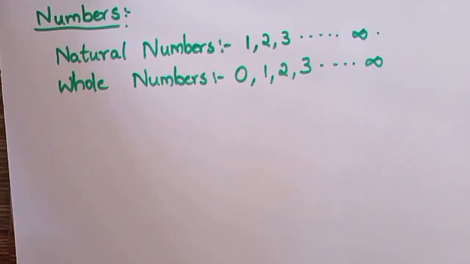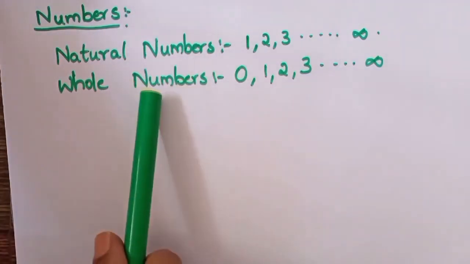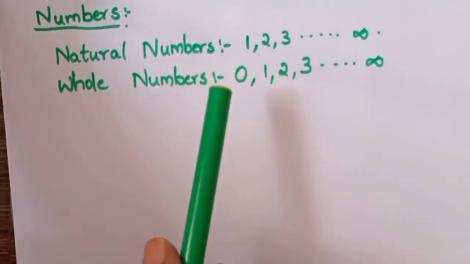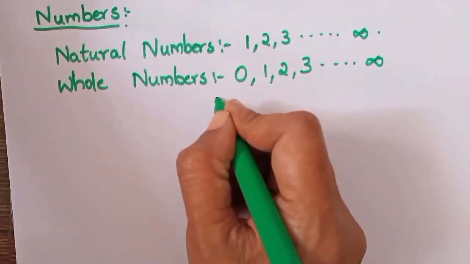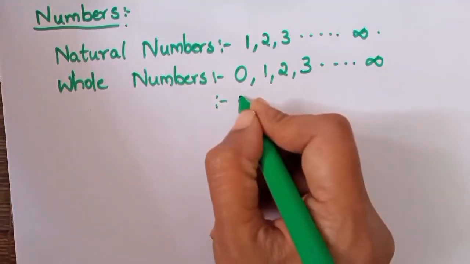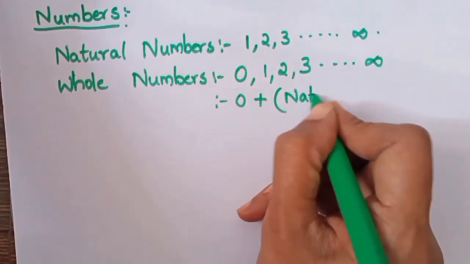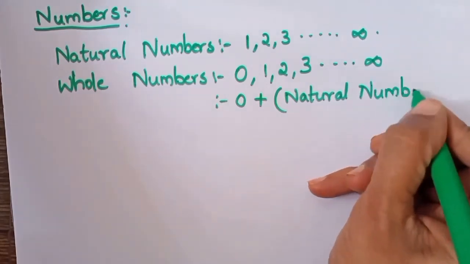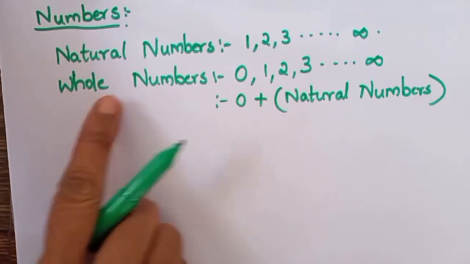The only difference between the natural numbers and whole numbers is that whole numbers start from 0. 0 is included in whole numbers. So whole numbers can be written as 0 plus all the natural numbers. All the natural numbers including 0 make our whole numbers set.